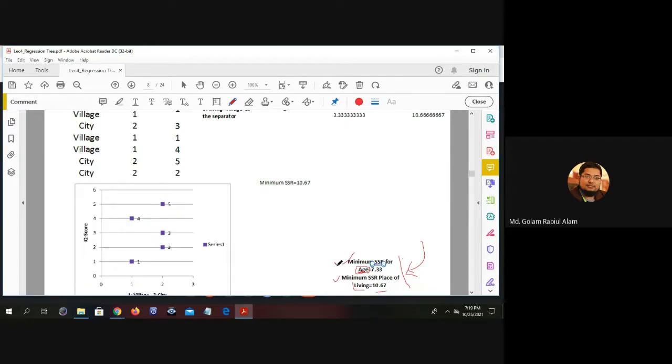Then compare between these two variables, A's and place of living. This one gives you the minimum sum square residuals. You can easily see that 7.33 is minimum. That means I have to consider the A's as our first discriminator, in the root of the regression.